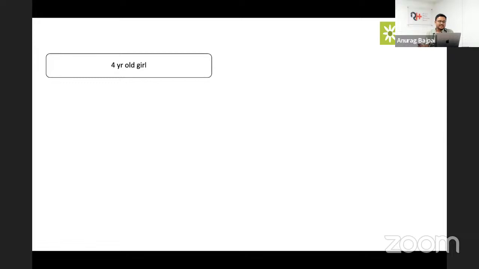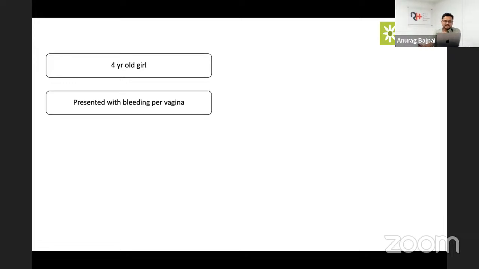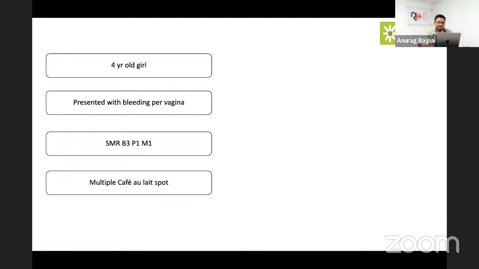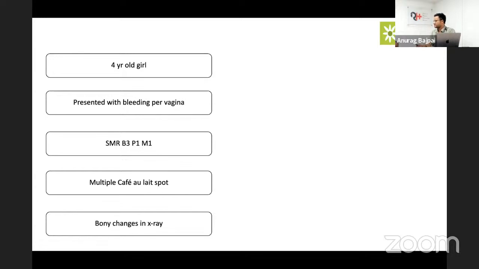Carry forward. So the next case is a 4-year-old girl child presented with vaginal bleeding. She has a Tanner staging of B3, P1 and M1 with multiple cafe au lait spots. Also, there are some bony changes present in the X-ray. So the diagnosis is, I think, very, very clear. You have got very early onset with no pubic hair and multiple cafe au lait spots. Now, there are two conditions which can present with cafe au lait spots and precocious puberty.